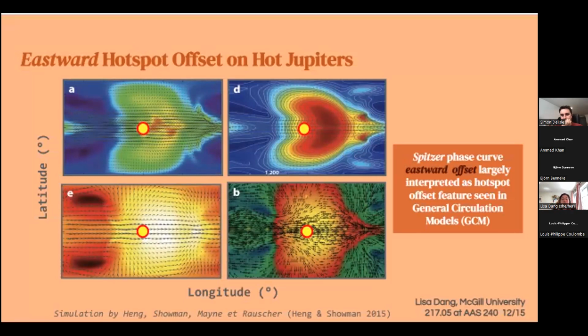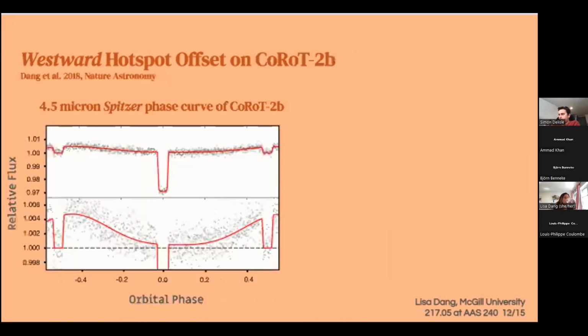One thing particular about these models is that all of these simulations predict strong equatorial superrotating jets, which cause the planet's hottest region to be located east of the substellar point, represented by the yellow dot. The first few published Spitzer phase curves had all been shown to exhibit some kind of eastward offset, or an offset consistent with 0. And for a long time, this was largely interpreted as evidence for the feature that we saw in these GCMs.